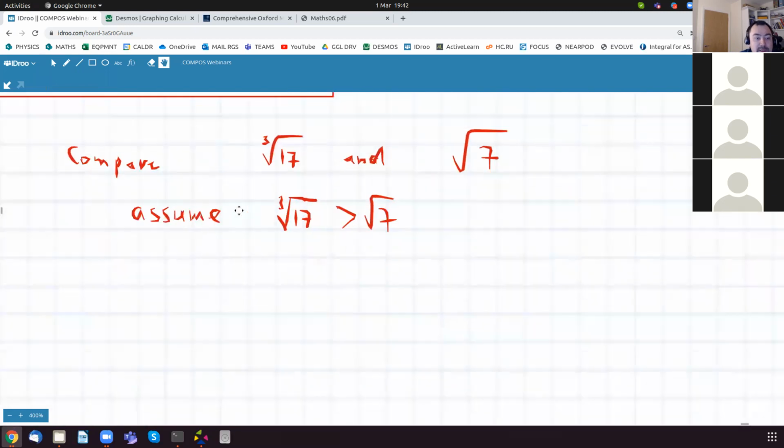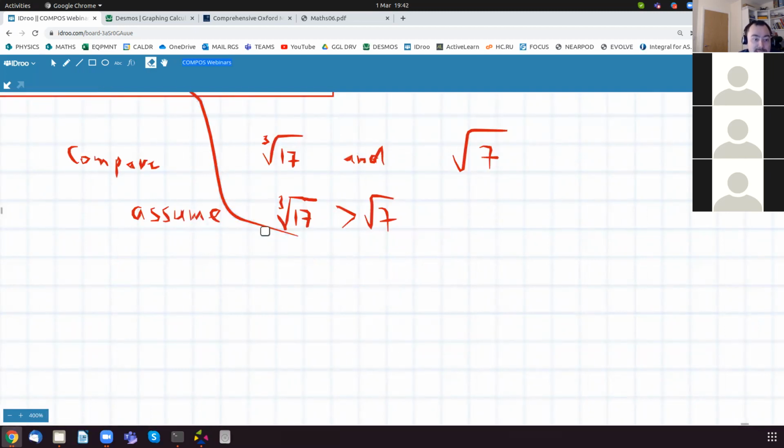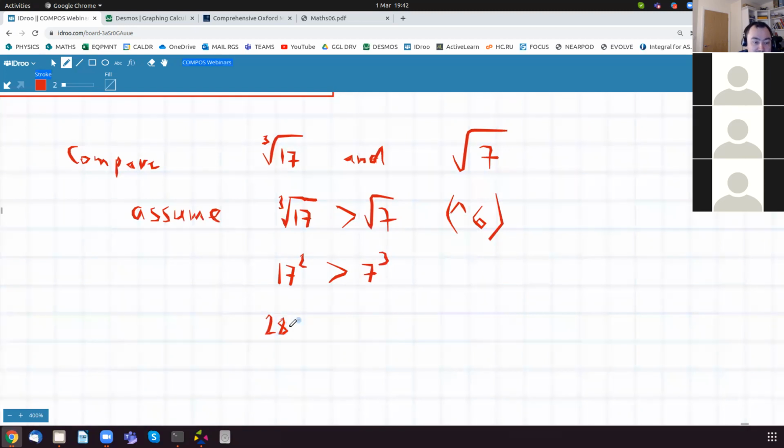This is my assumption, and then I just take everything to the 6th power. They're both greater than 1, so I can safely take them to the 6th power. So I'm going to have 17 squared, raising it to the power of 6, is greater than 7 cubed. 17 squared is 289, and 7 cubed is 243, which is true.